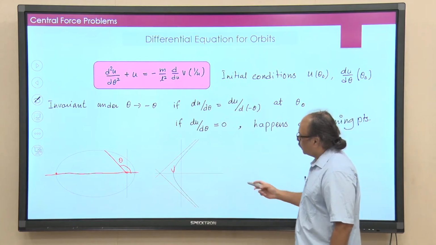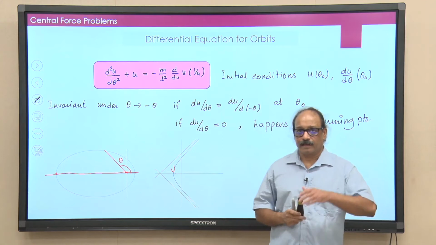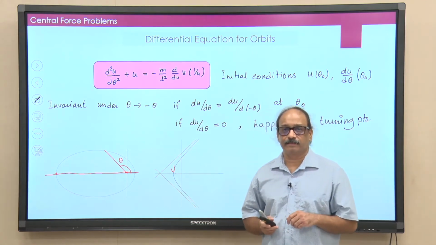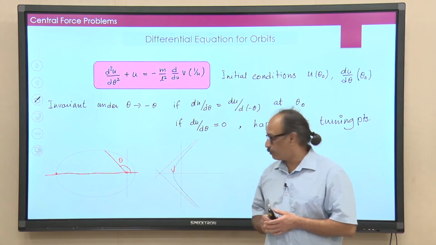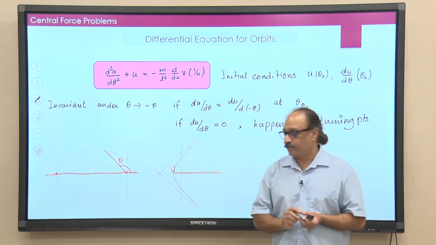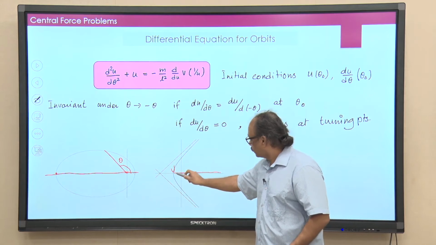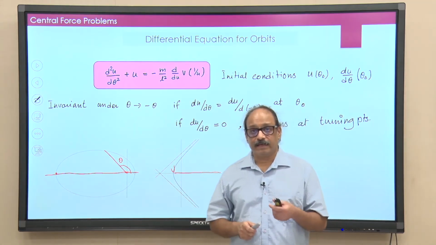Now, when the particle comes in, it comes to the closest distance and turns back and goes back to infinity. This is typically what is called a scattering or unbounded orbit. And if you take a line which joins the turning point with the origin, you can see that the trajectory is symmetric. So, whether the particle travels this way or that way, in either case you would get exactly the same orbit.